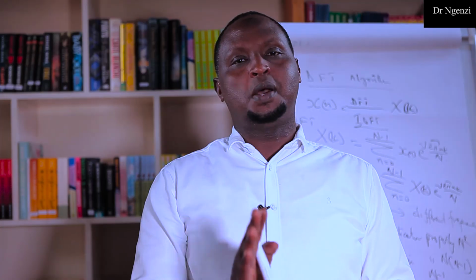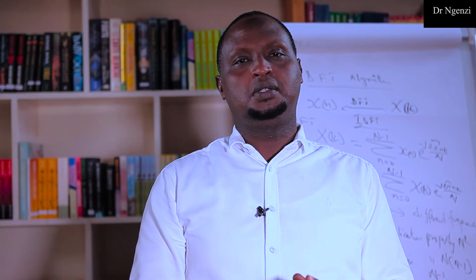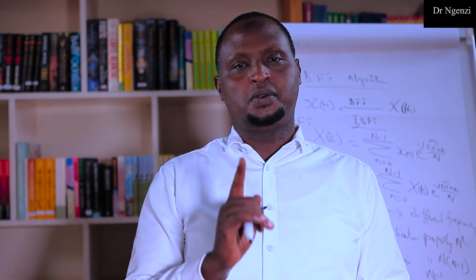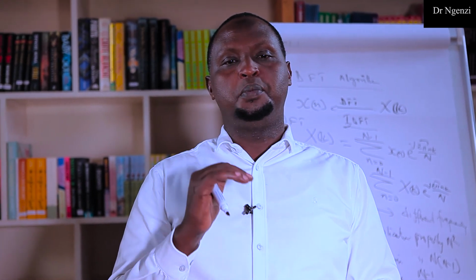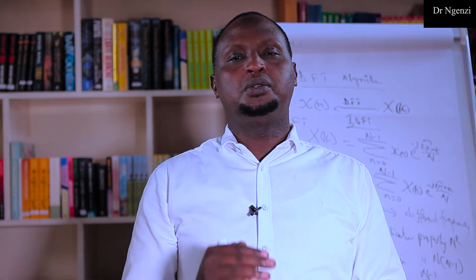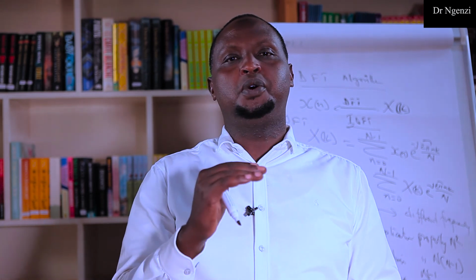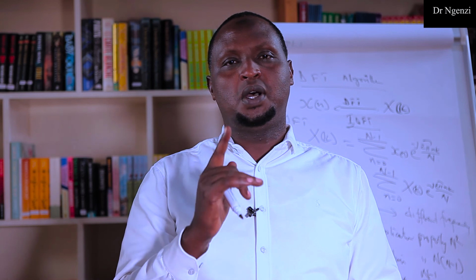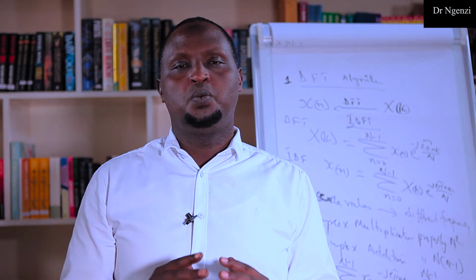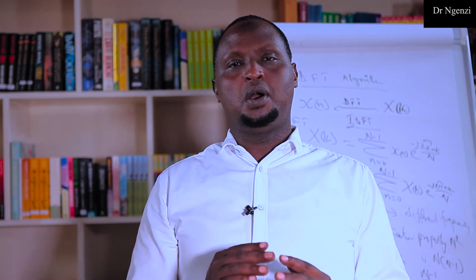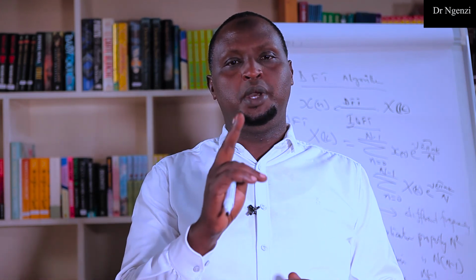To summarize the DFT algorithm: first of all, we are computing discrete values into different frequencies, into their corresponding frequency domain. That is what you should understand first. Another point is that in the DFT algorithm we consider two main operations.